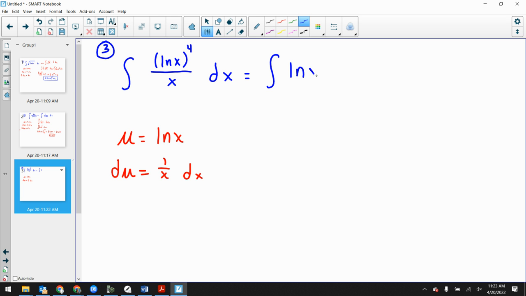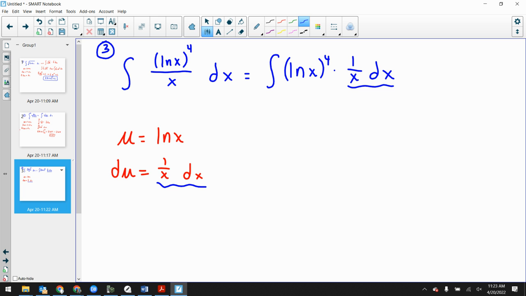Ln of x pulled out in front raised to the fourth power times 1 over x dx, right? Isn't that the same thing? If I take this whole chunk of ln of x to the fourth out front, that's ln of x to the fourth times 1 over x dx. And look at that, 1 over x dx, 1 over x dx. See, this one, I don't need to multiply anything over to the other side. I don't need to do any of that junk because that's all in my integral.